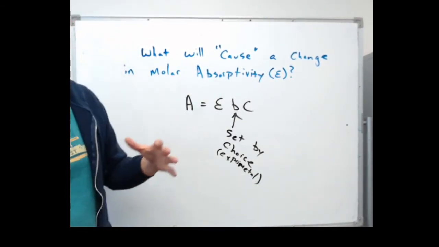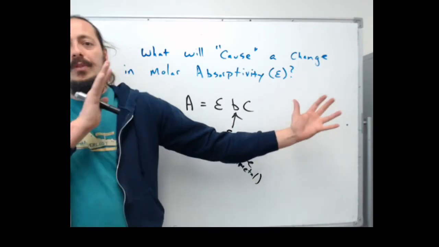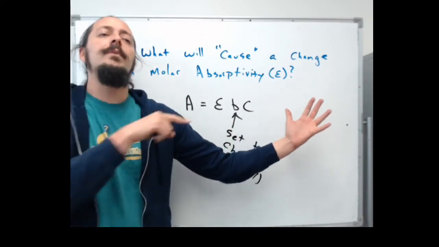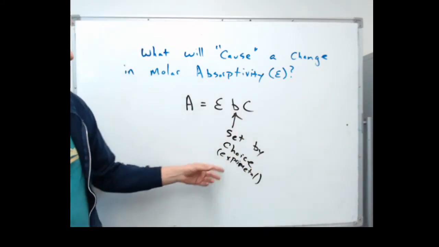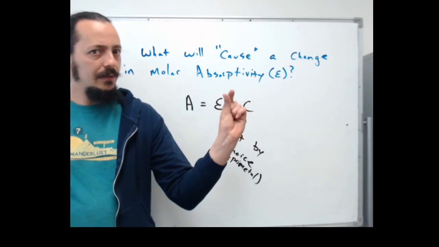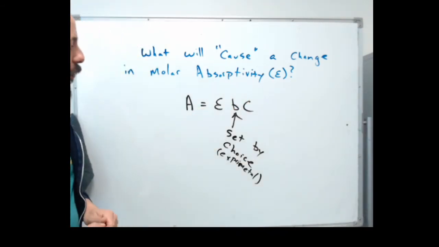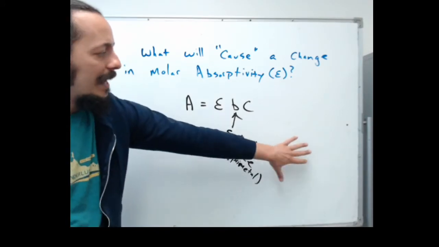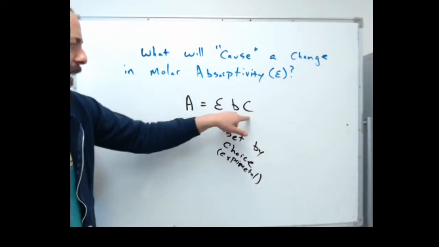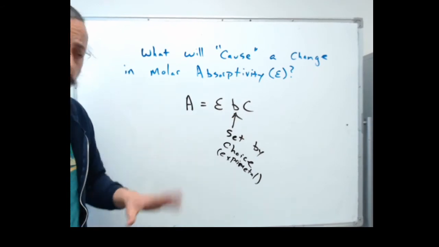We could have gotten a different setup and had something with a really big opening, and then we would have had a longer path length. But we were using those cuvettes, those things that were 1 centimeter wide, and so our path length was set. The rearrangement, path length doesn't change with concentration or absorbance.